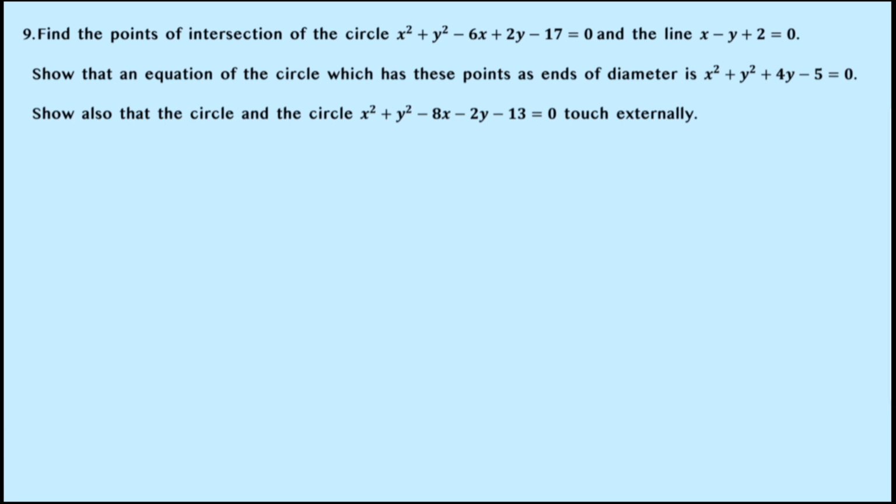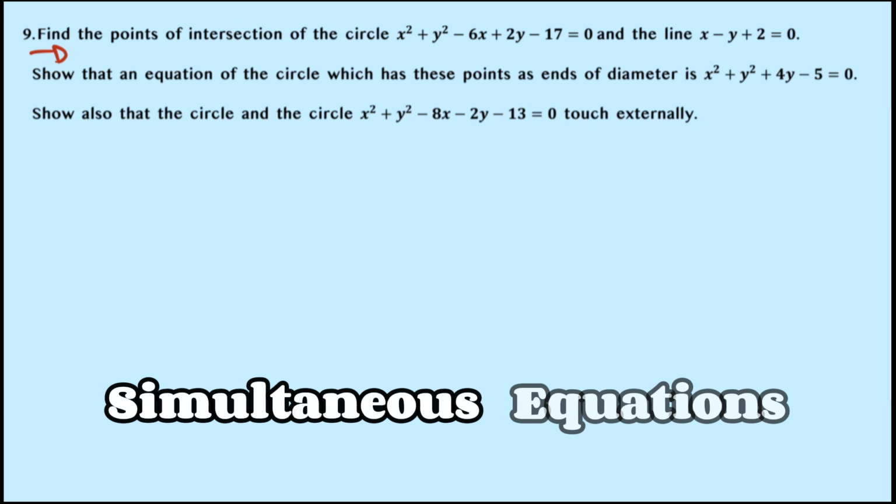Now show also that the circle and the circle x squared plus y squared minus 8x minus 2y minus 13 equal to 0 touch externally. We are going to find the point of intersection, which is simply working out this question as a pair of simultaneous equations.